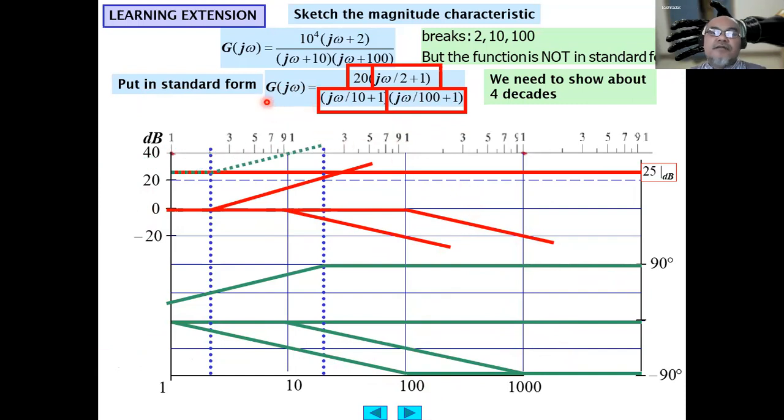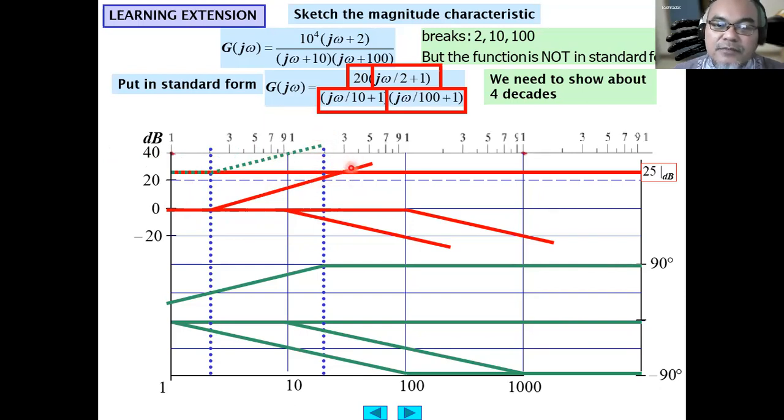Then we draw the asymptote between 1 and 2 radian per second. So the composite of the decibel will be this 25 plus 0, which is 25 decibel here. Then after 2 radian per second, it increases because of this increasing component by 20 decibel per decade until 12 radian per second.